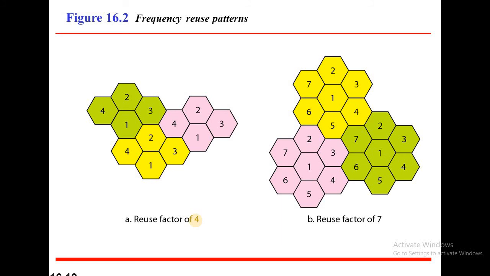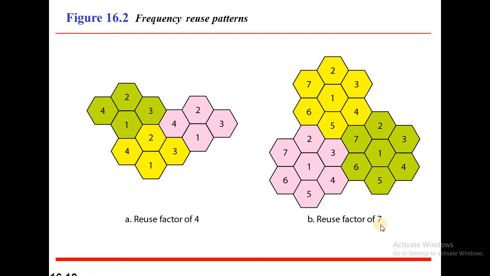To reuse these frequencies, we use a reuse factor, which is represented by the letter N. In the first diagram you can see that 4 frequencies have been reused, so the N value here is 4. In the second one, 7 frequencies have been reused, and the reuse factor is 7.